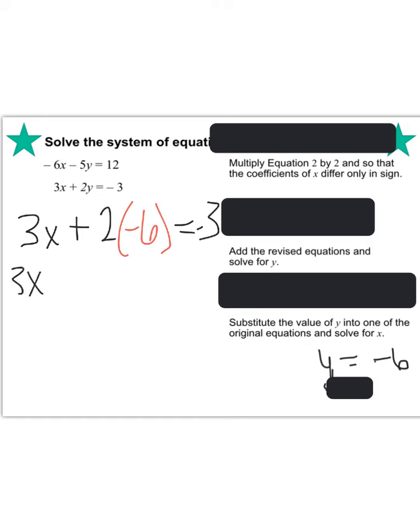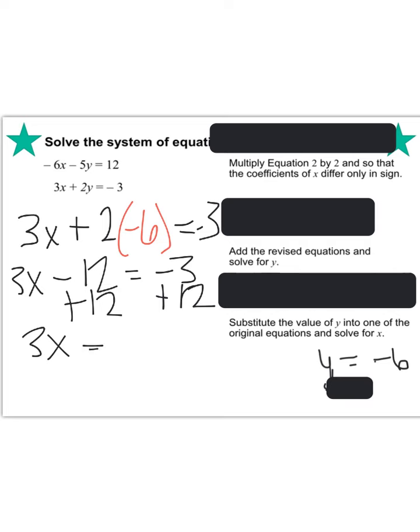So 3x minus 12 equals negative 3. Add 12 to both sides. And then divide by 3. And we get x equals 3.